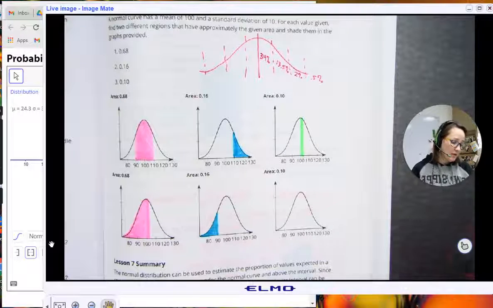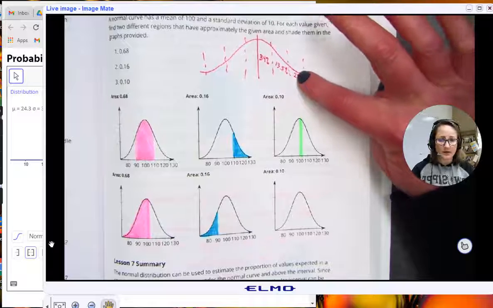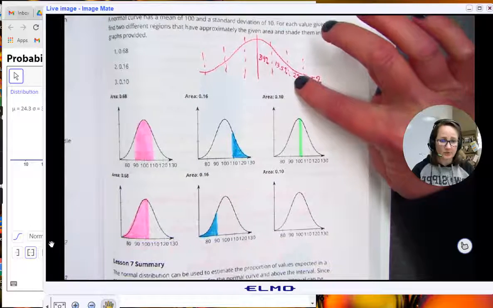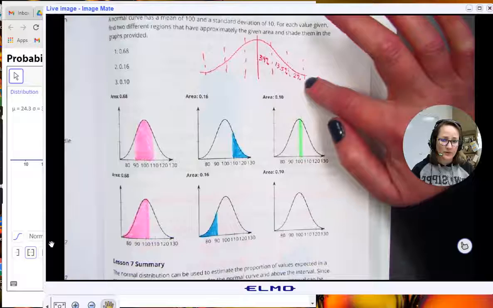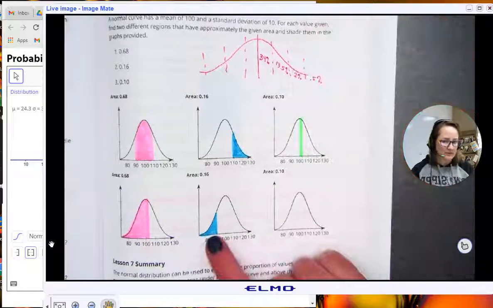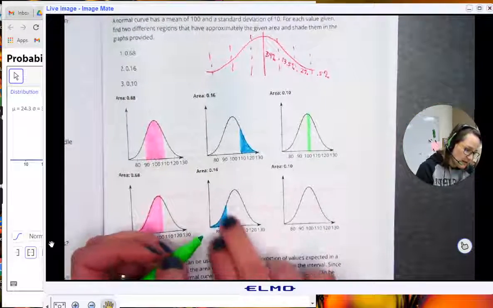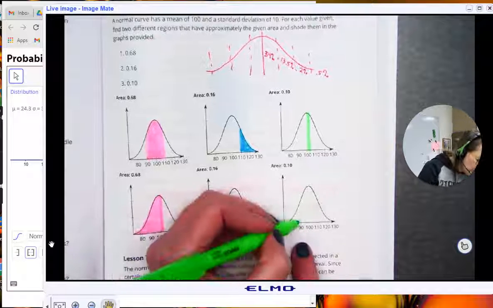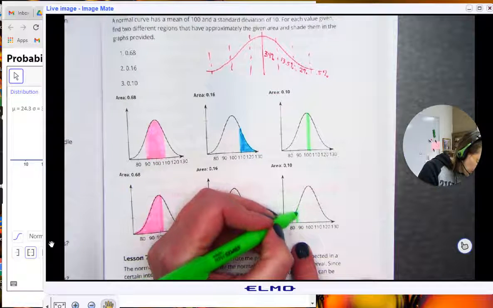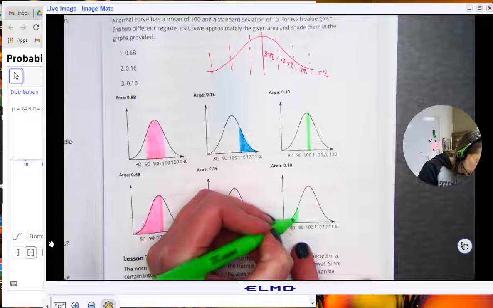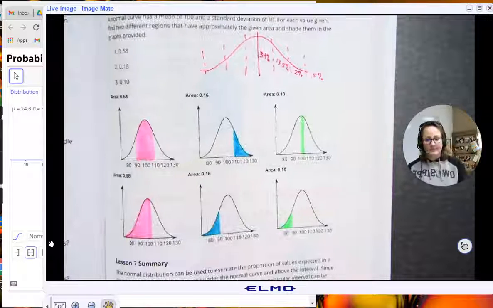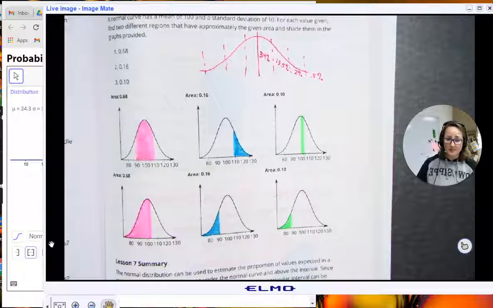Or I could do it from an end. So right here we're at 2.5. If I had this whole thing, it was 16%. That was way too much, right? So I don't want it to be all the way up to the 90 here. But maybe if I went to somewhere around 85, that would also be about 10% of our data.